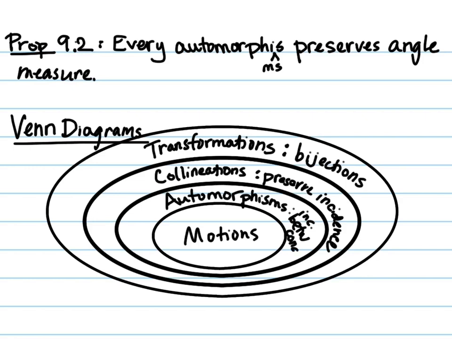I'm running out of space, so pretend for a moment. So motions preserve incidence, betweenness, congruence, and length, size. So we get incidence, betweenness, congruence, and I'll write length. You could write size, distance. We lose flexibility as we move inwards, but we gain structure.